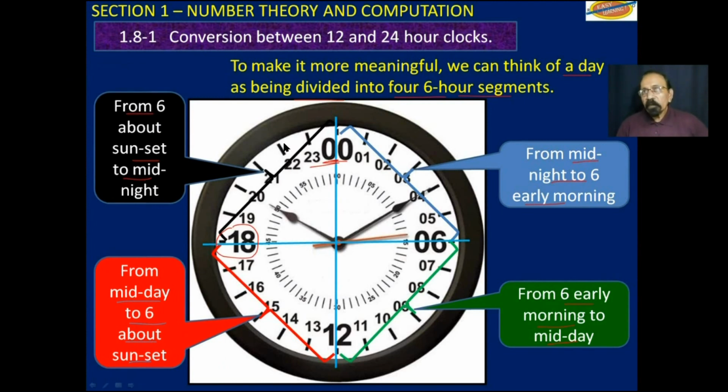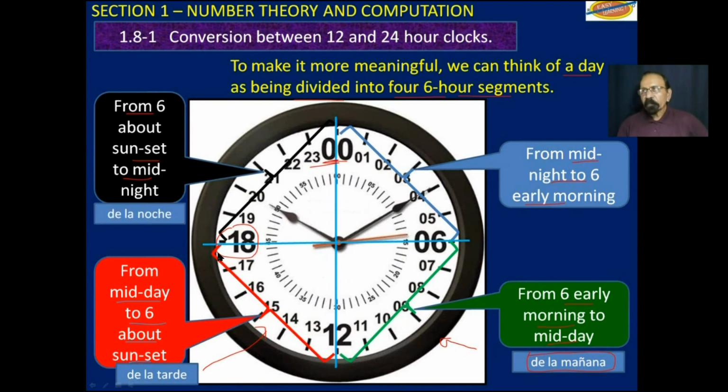Now, in some cultures, for example, the Spanish tradition has this morning time here, and to specify, they would say de la mañana. That's from sunrise to midday. And then after midday, over here, they would say de la tarde, meaning in the afternoon.